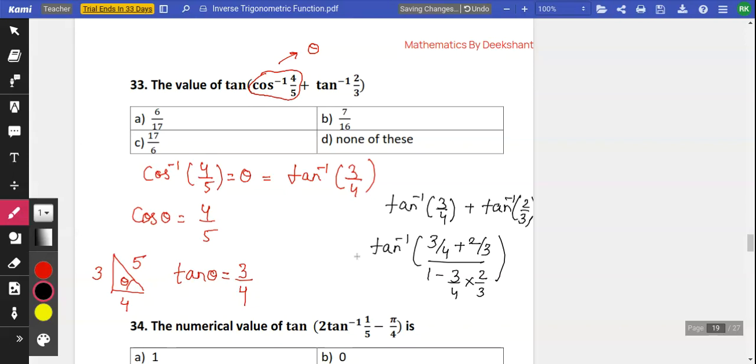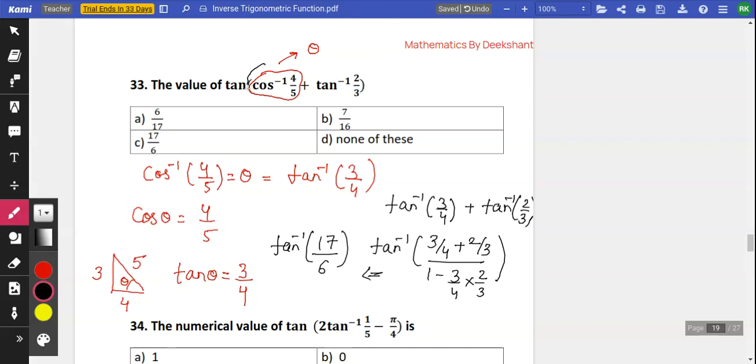Now take LCM. It becomes tan inverse of 9 plus 8, 17, upon 6. It becomes 17 upon 6.